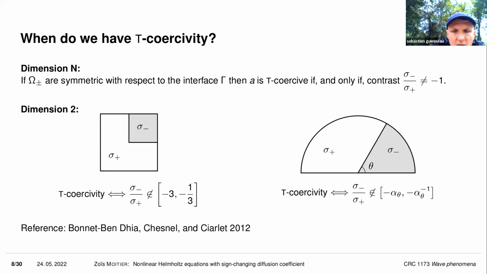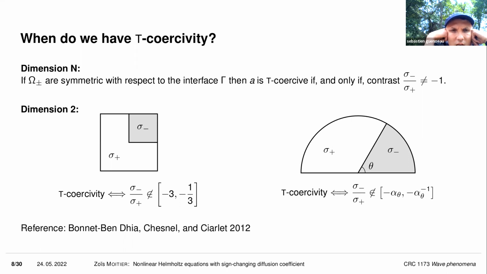If you have corners, you need to remove what is called a critical interval. So you will not have access to all the possible contrasts. You need the contrast to be outside of this interval, and this depends on the corner. This is still the case where you have corners and a piecewise smooth interface. If you don't have that, I have no idea.